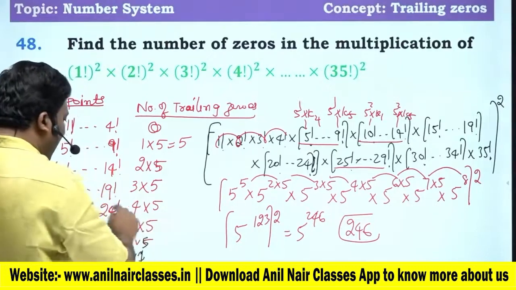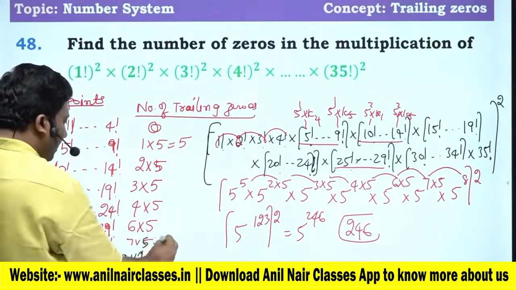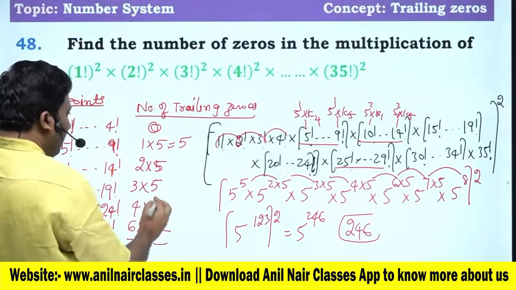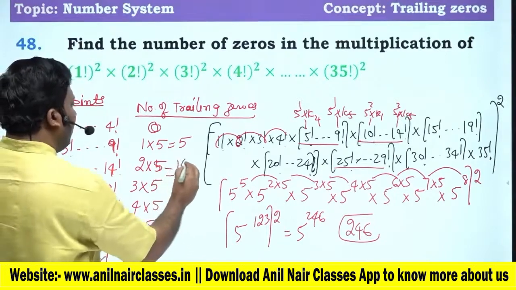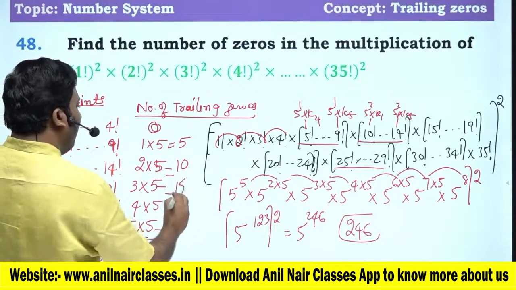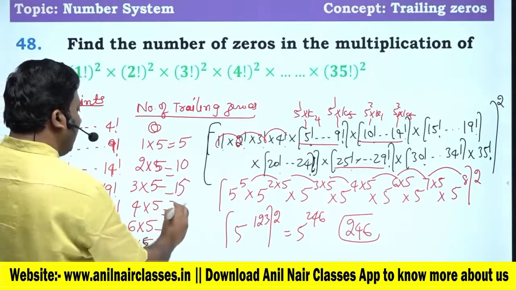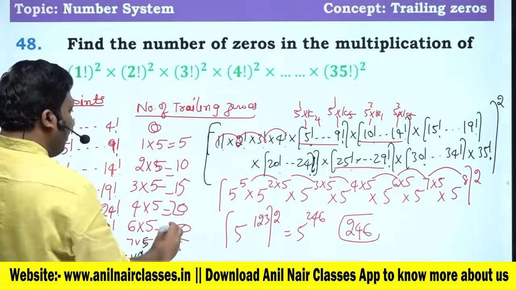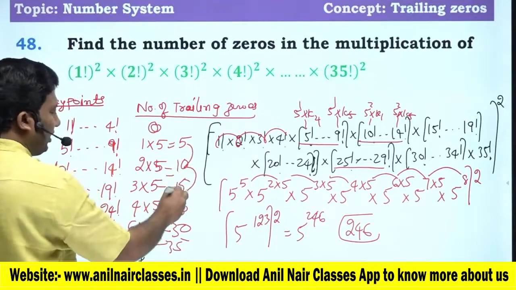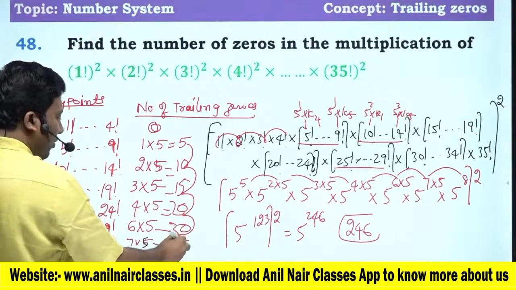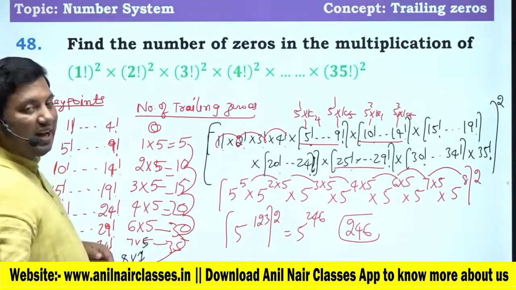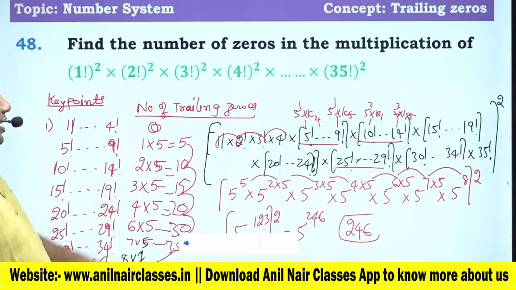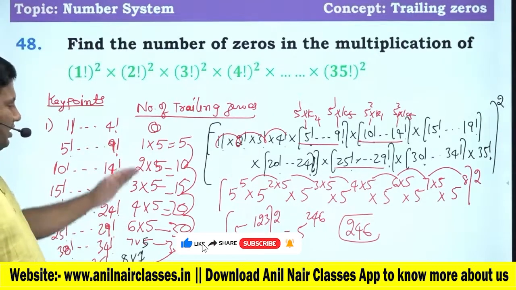Even if you add it: 5, 10, 15, 20, 30, 35. If you add it, 15, 30, 50, 80, 115, 115 plus 8, 123. Square is there, I will get 246.